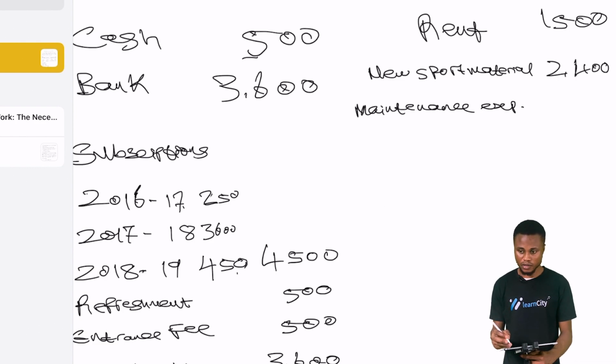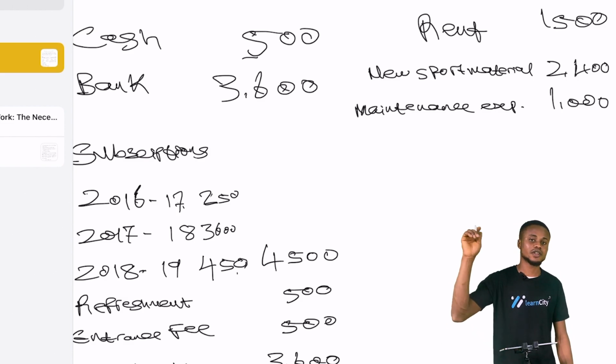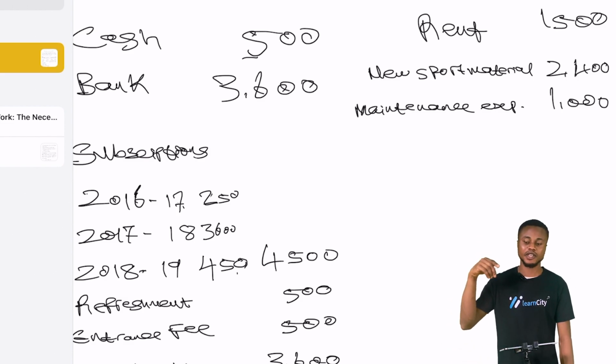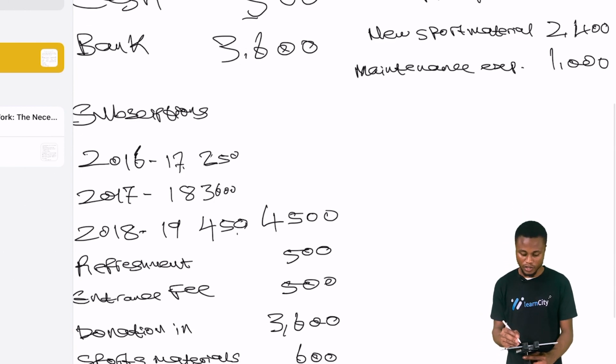Maintenance expenses, which is 1,000, right? After that, the salary that was paid, of course, this won't be on the debit side. It has to be on the credit hand side because they paid it out. So let me write the salary down.